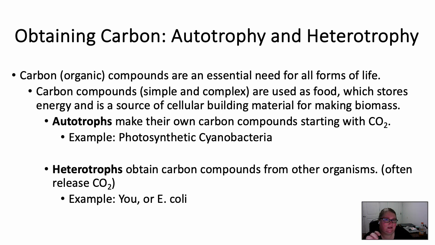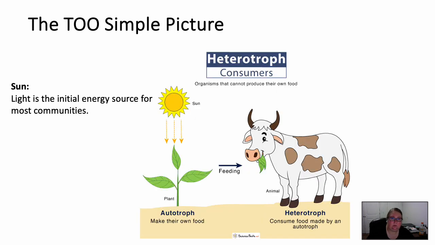Okay, so one of the things that we need to know about the last few slides is we're going to be talking about a lot of cycles, like the carbon cycle and the nitrogen cycle. So we need to kind of understand what this means. Okay, so this is a simple picture, too simple really, but it helps us understand.